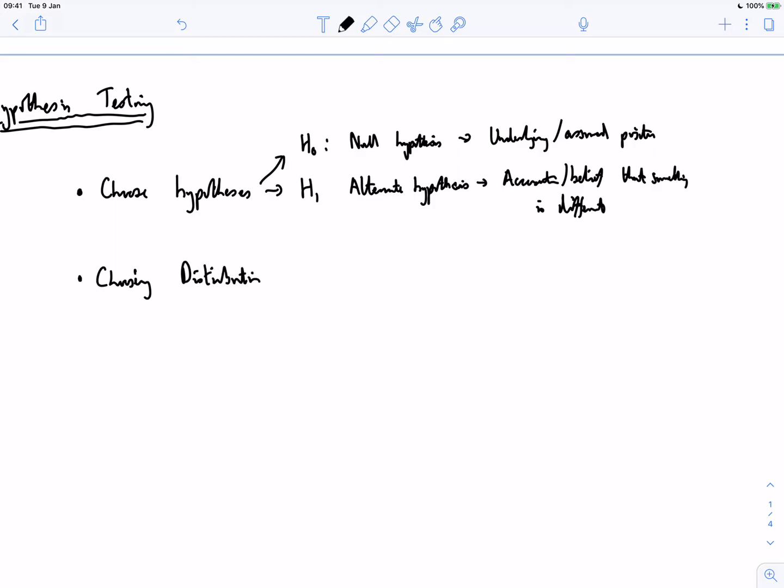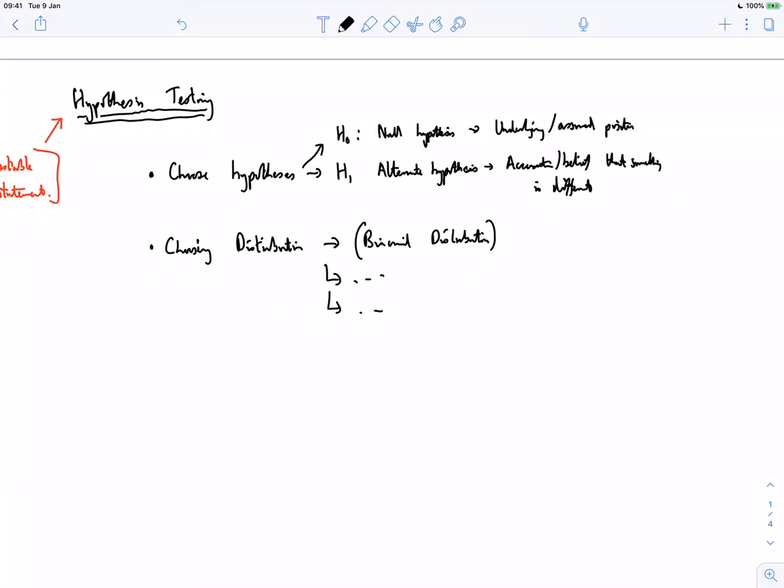At the moment we've only seen the binomial distribution, but there are so many others: the normal distribution, the negative binomial, Poisson, geometric. We're going to be covering lots over the coming weeks, but at the moment we're just going to be looking at binomial distribution questions.